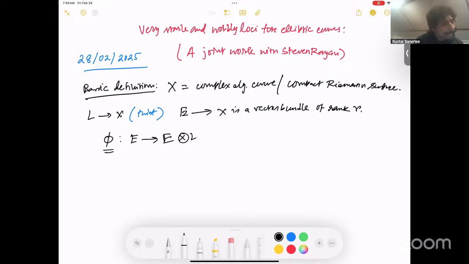Okay. And once you have this phi, you can define many other morphisms and take their composition, consecutive composition.